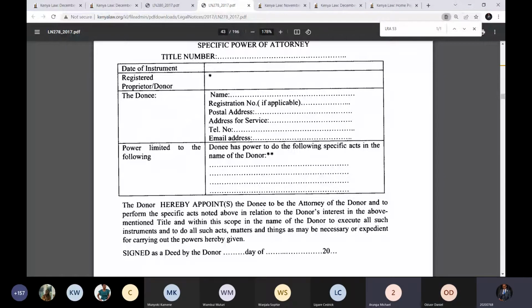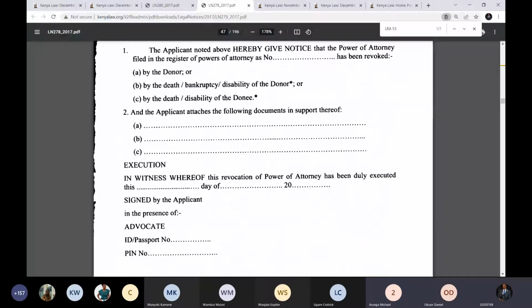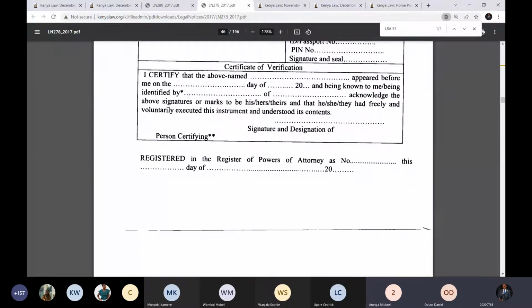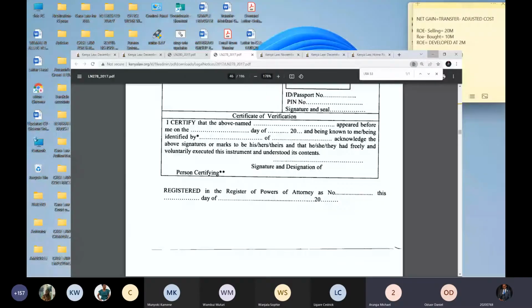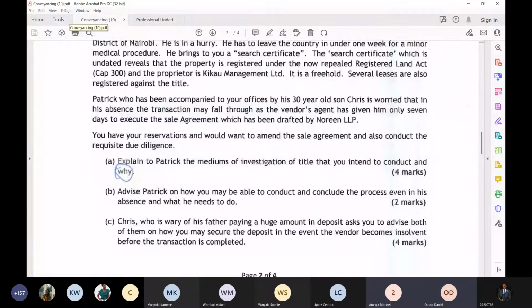Just to add on irrevocable power of attorney: apart from the fact that we have consideration, I think we also have to emphasize that there must be measurable benefit, not just consideration. It must be something valuable and sufficient. For example, love and care would not suffice.